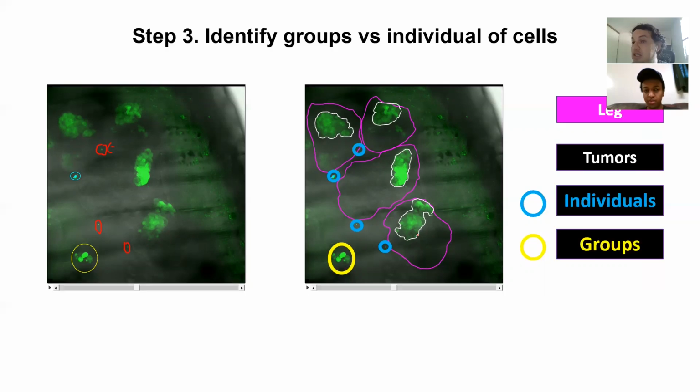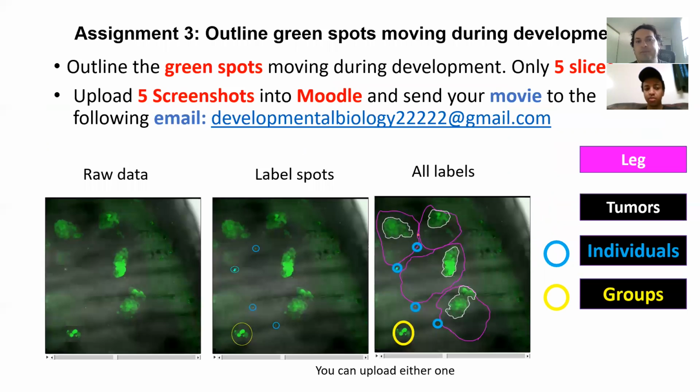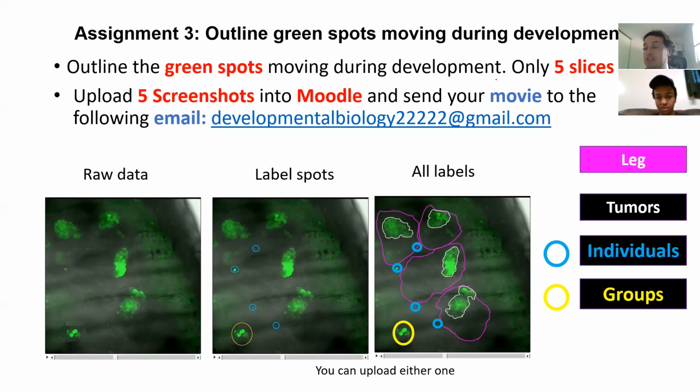to try to differentiate them. So again, when you have time, you can move at the speed that you can. I know later you will have assignments and homework in your other classes, but here again you can look for green spots from 5 slices, and I want you to circle them, so I know which ones are individuals, in blue, and which ones are in groups, in yellow.